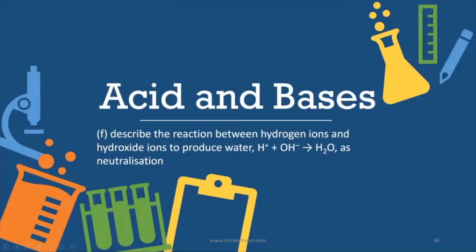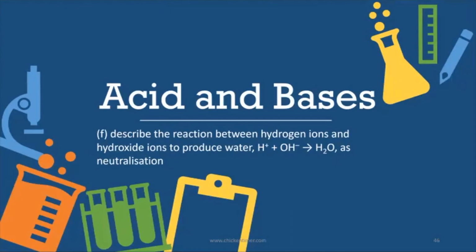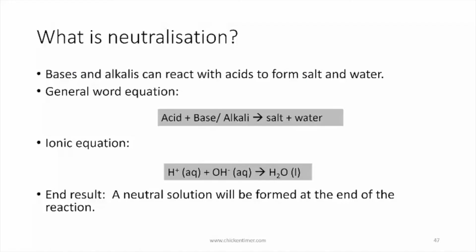Which part did you miss? So I'm at the reaction between the hydrogen ion and the hydroxide ion. The two of them react with each other to form water. This process is called neutralization. Bases and alkalis will react with acid, and you get salt and water.